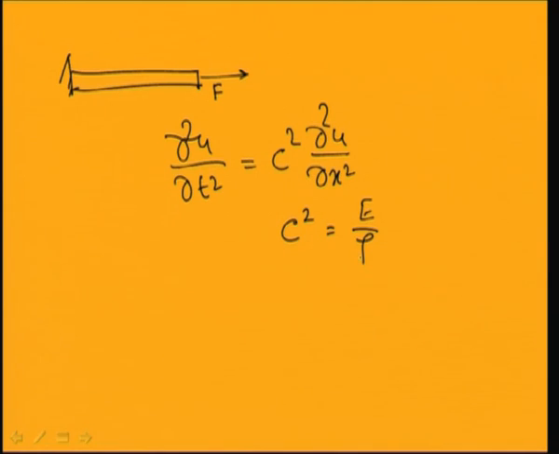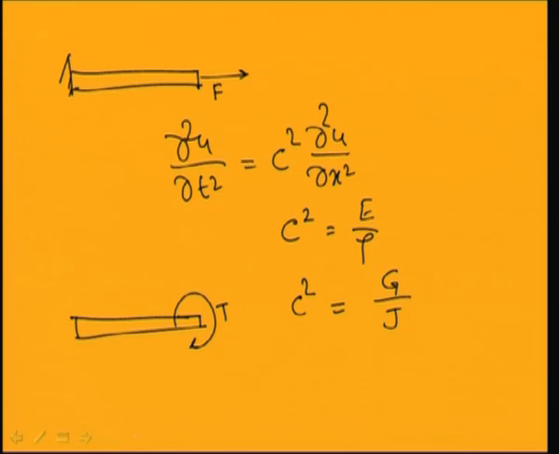Similarly for torsional vibration of the rod, we found c square equal to G by J.